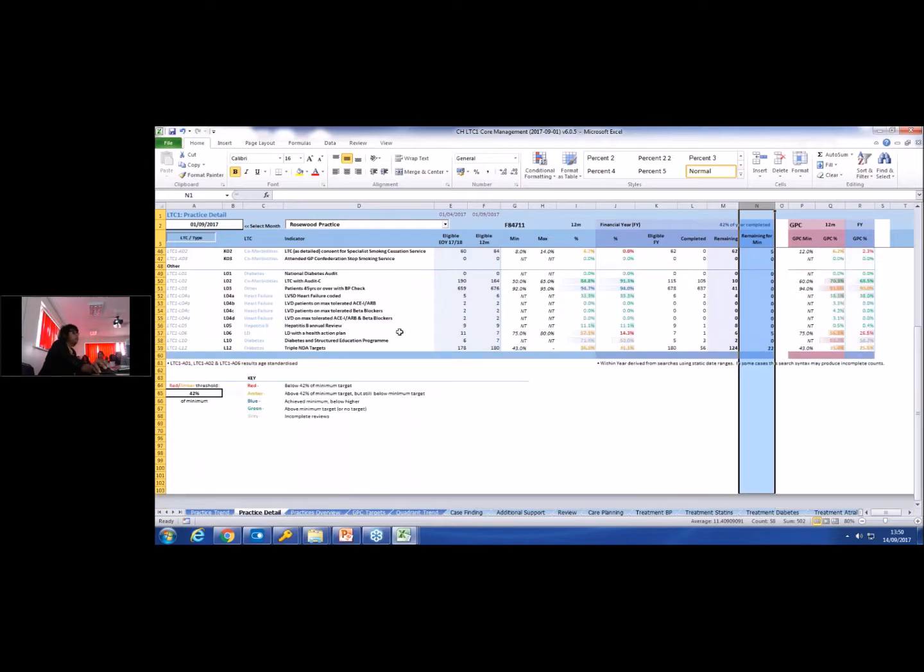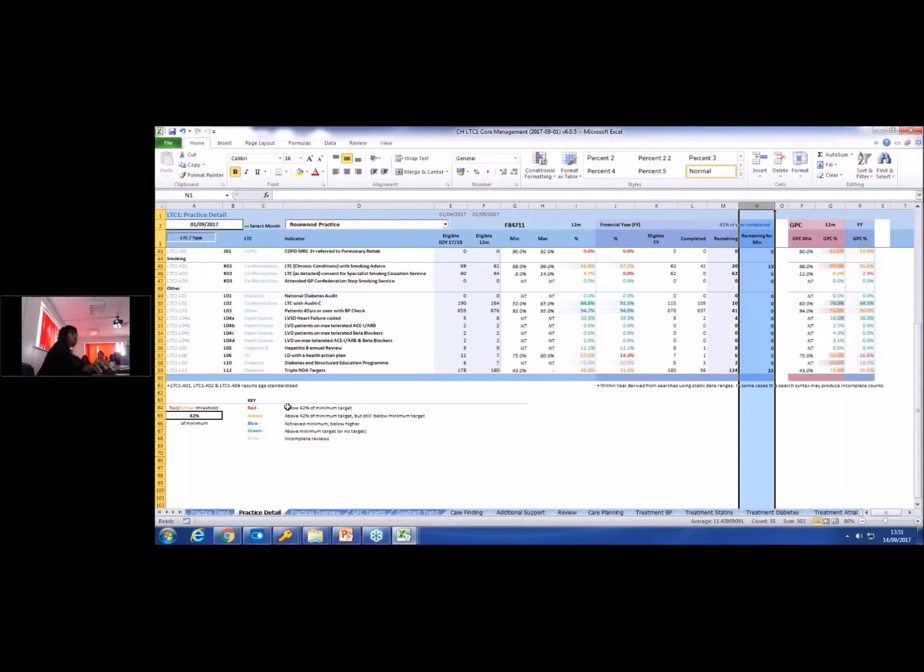If it's blue, you've achieved your minimum target, but you're still below your higher target. Amber means you haven't achieved your minimum target, but your running rate is quite good, so by the end of the year you would achieve it if you keep the run rate at the current rate. And red means your run rate is not good. That means you have to bring the rate up, so you would achieve your target by the end of the year.